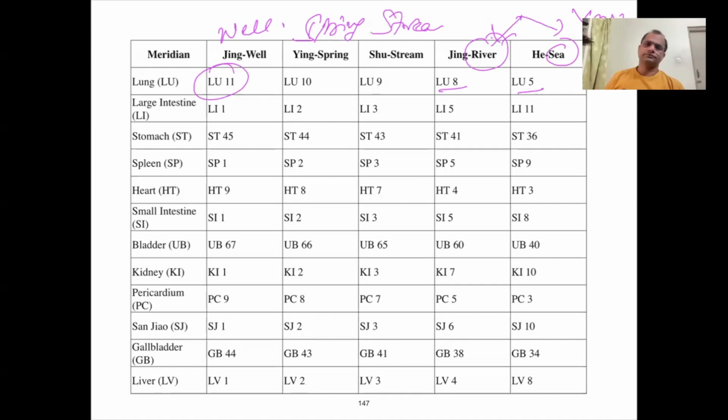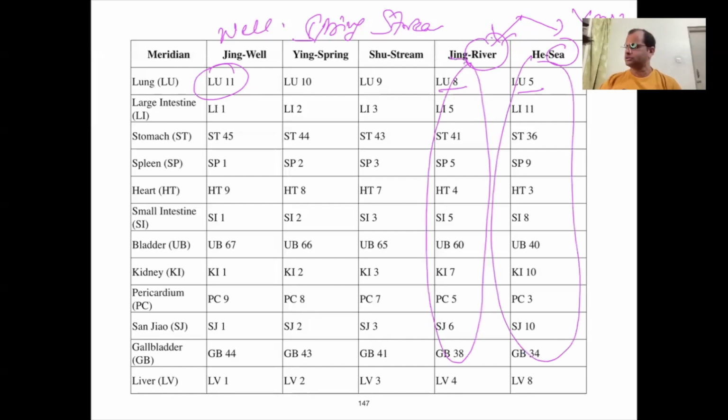We are touching the very vast energies. So these 2 points are having very vast energy. So the fourth number point in all the meridians has vast energy. The highest energy is found on the He-Sea point.